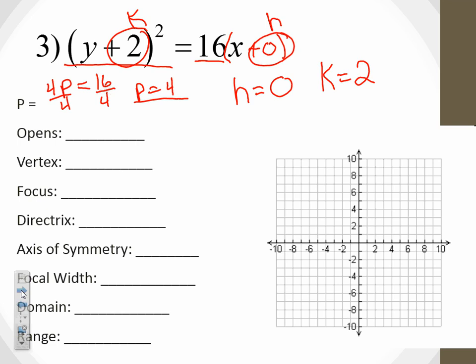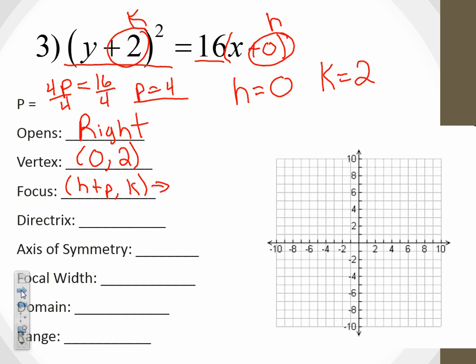Alright, this one, since it's positive, is going to open to the right. And our vertex, again, you guys, is just (h, k). So my h is 0, my k is 2. Our focus, remember on these ones, is (h plus p, k).